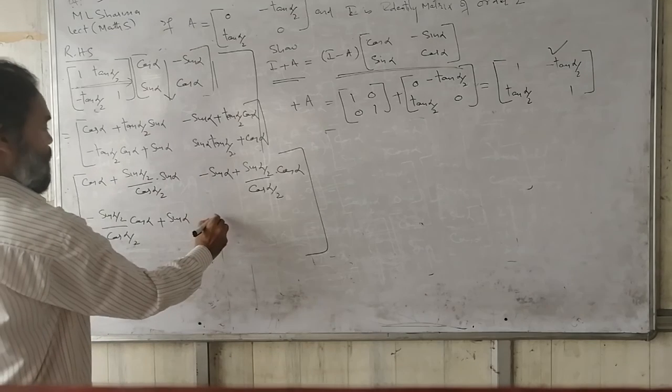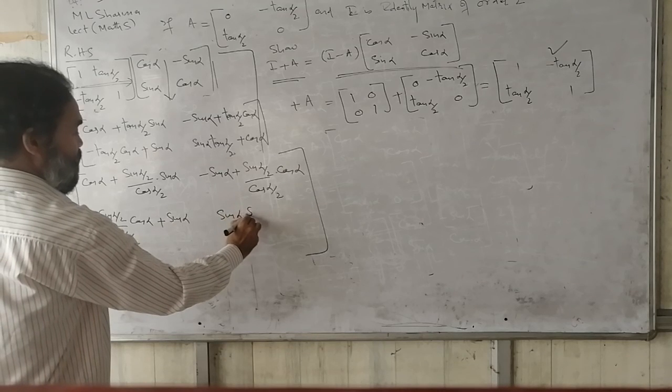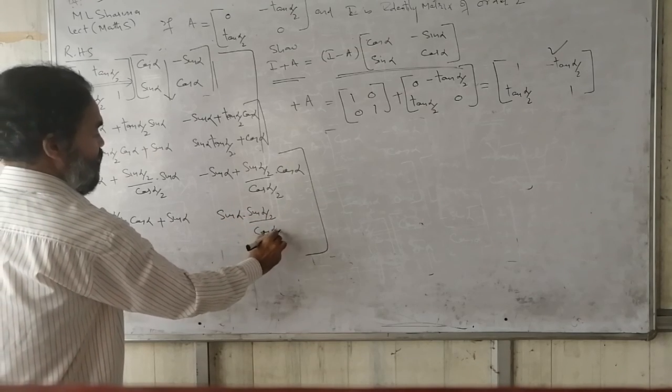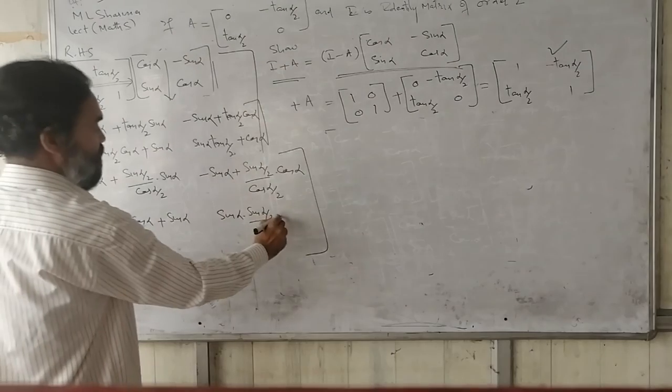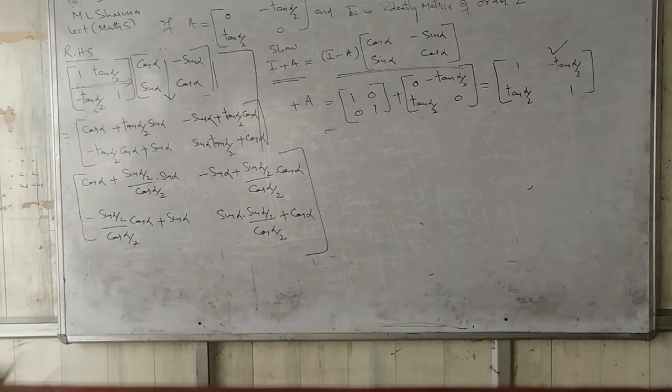Again here, sin alpha, instead of tangent, sin alpha by 2 over cos alpha by 2, plus cos alpha. So up to here, note.